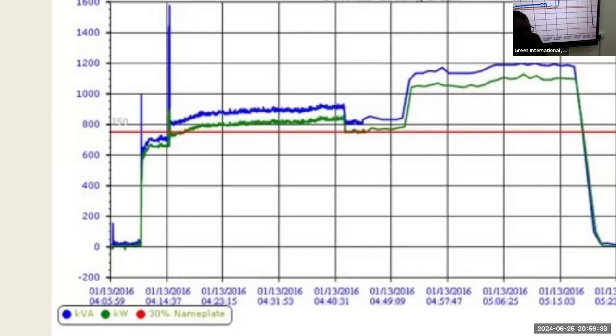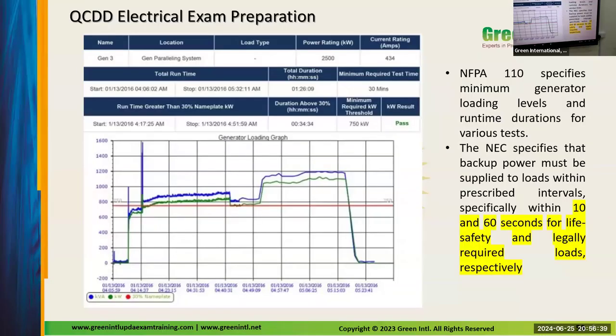So this is a performance curve. This is for information only. So all other we forget about that. So we need to transfer power to standby within the 9 seconds. That is within the 10 seconds will operate. So here they mentioned level 1. So that's why we have 10 seconds.